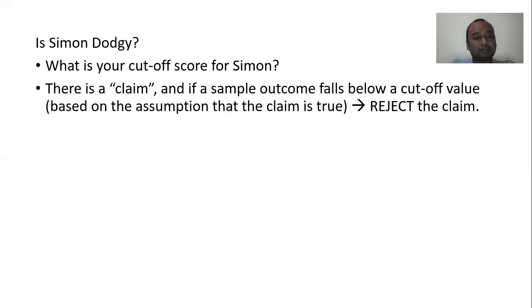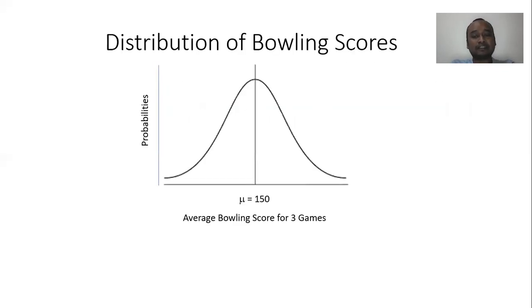So the basic idea in hypothesis testing is, first there is a claim, and then if a sample outcome falls below a cutoff value based on the assumption that the claim is true, we will reject the claim. Now let's see the normal distribution graphic here. As you can see, the x-axis is the average bowling score for 3 games.